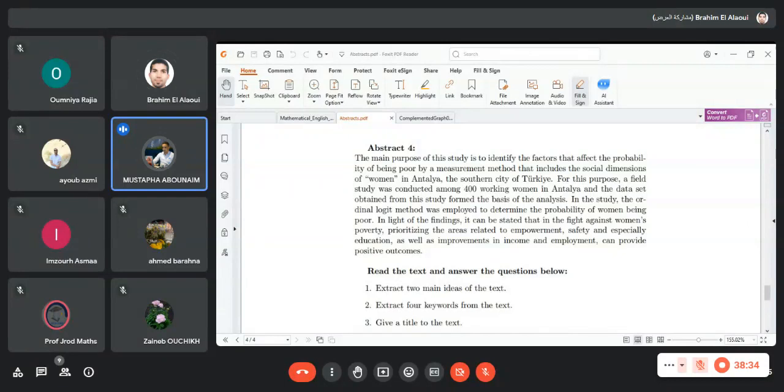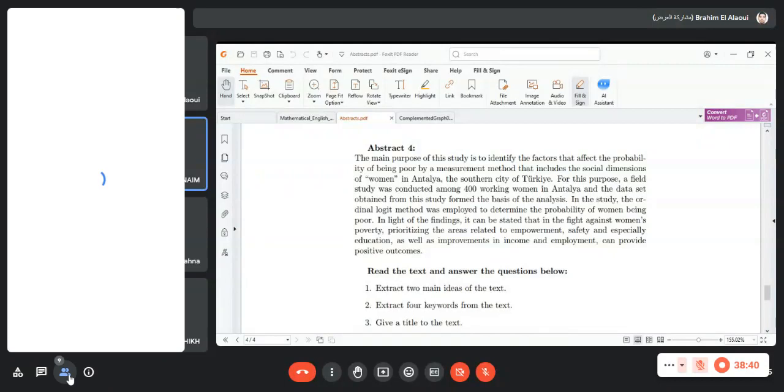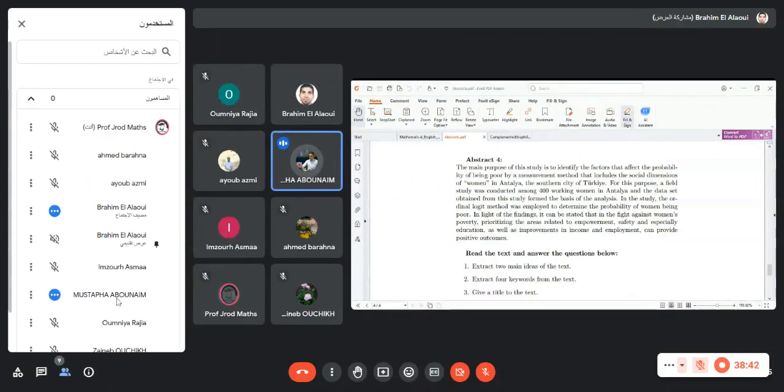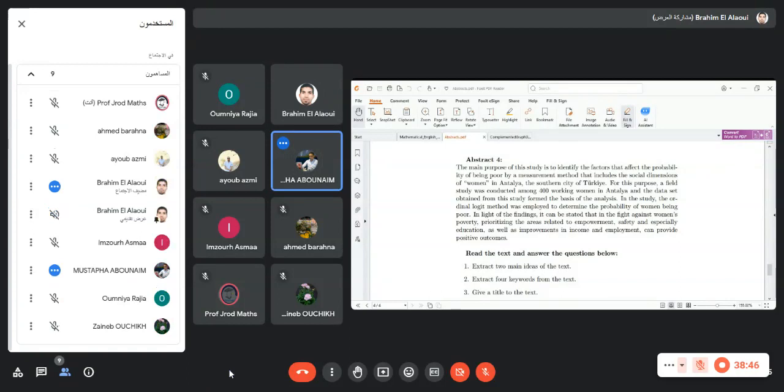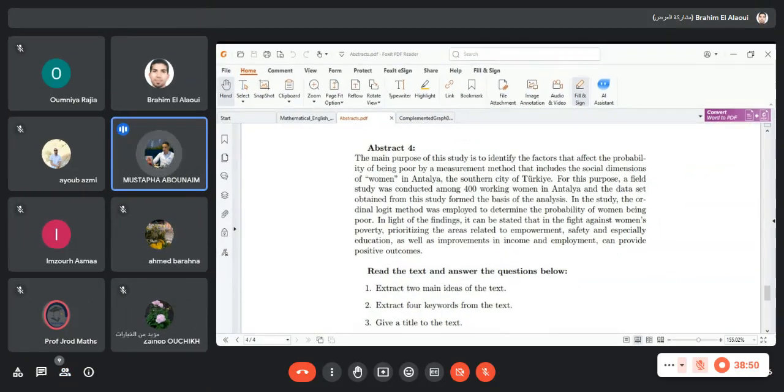Good. The second: the study concluded that improvements in income and education can provide positive outcomes for working women in Antalya, Turkey. Excellent. What about the keywords? Keywords: probability, ordinal logit, Antalya, measurement method, poverty, women's poverty.